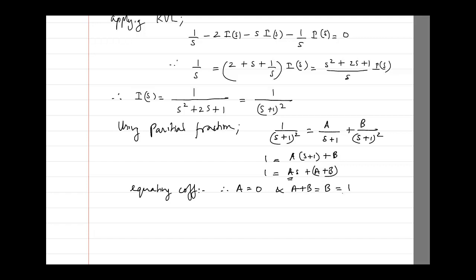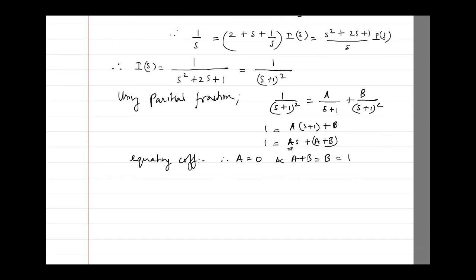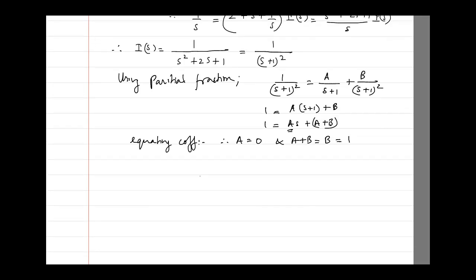Therefore, B is equal to 1. Therefore I of s is again simply 1 by s plus 1 square. So actually, in a way, I did not have to do this. It's a waste I did this, because I have got the same result. Correct?